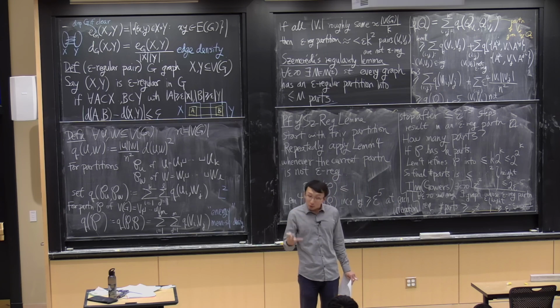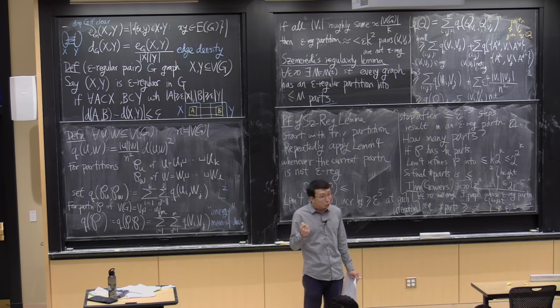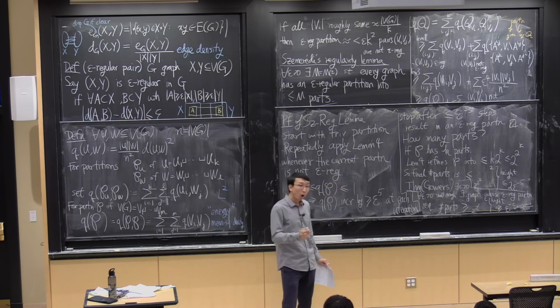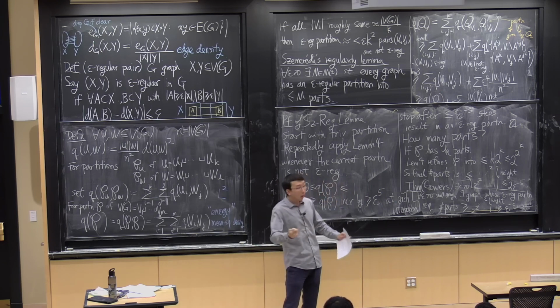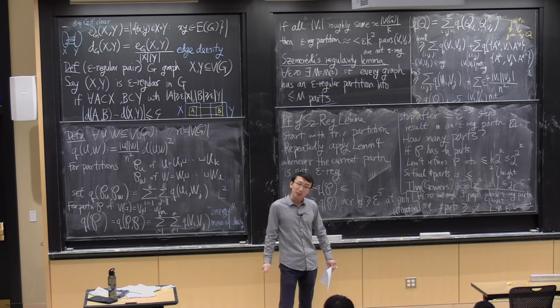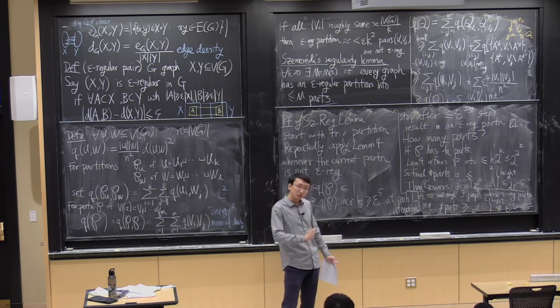So Szemerédi's regularity lemma is an extremely powerful tool, and we'll see applications that are basically very difficult to prove. For some of these applications, we don't really know other proofs except using Szemerédi's regularity lemma. But on the other hand, it gives terrible quantitative bounds.